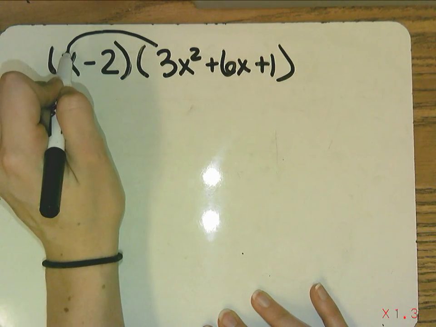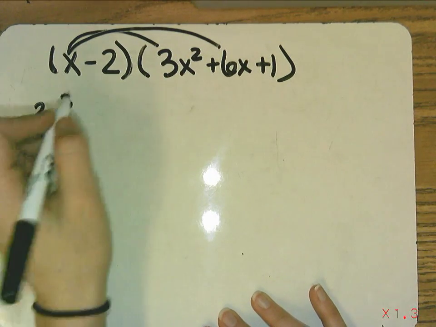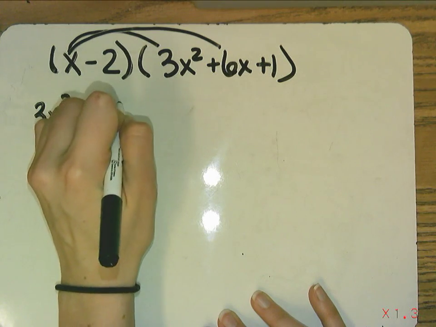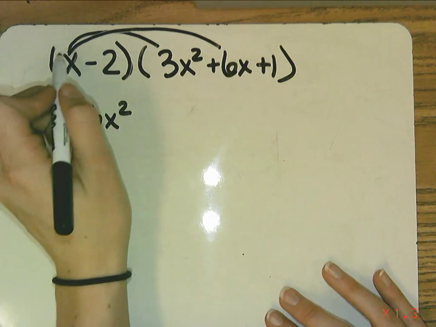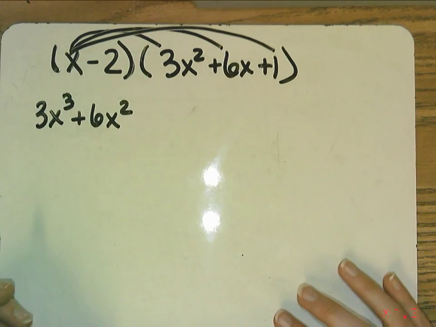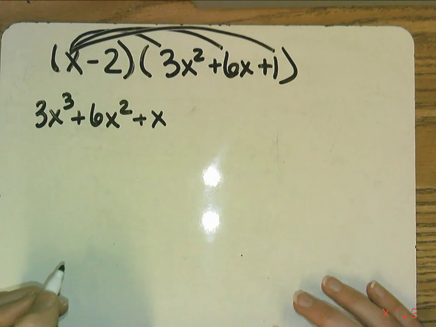Then I multiply the same first term here by the second term here. I have x times 6x, which gives me 6x squared. Then I'm going to multiply the first term by the last term here. So that's 1 times x, which gives me x.